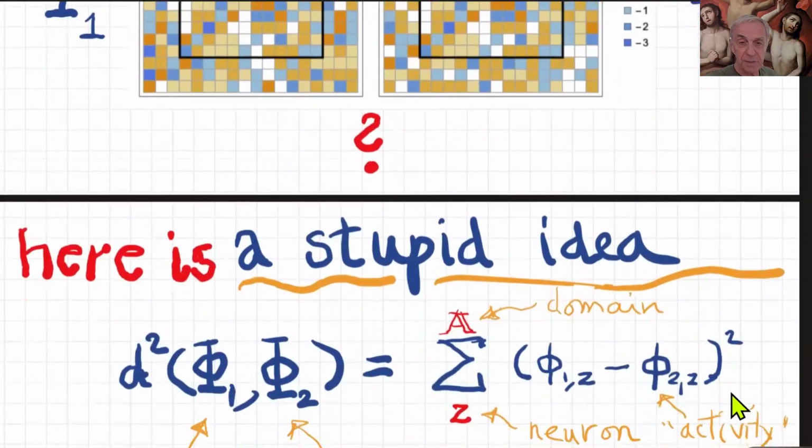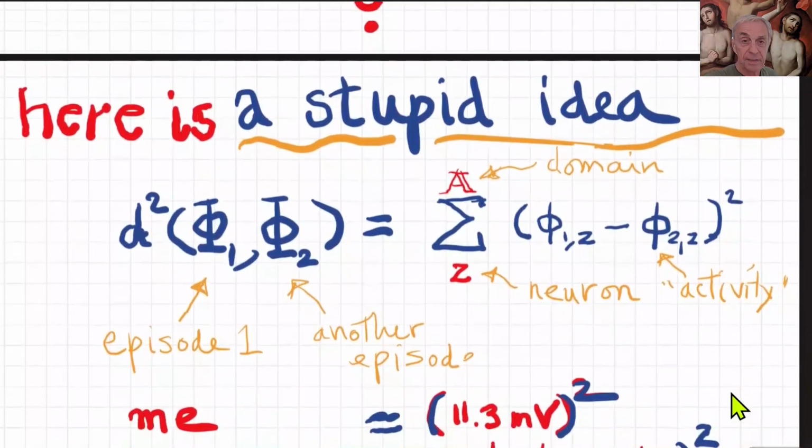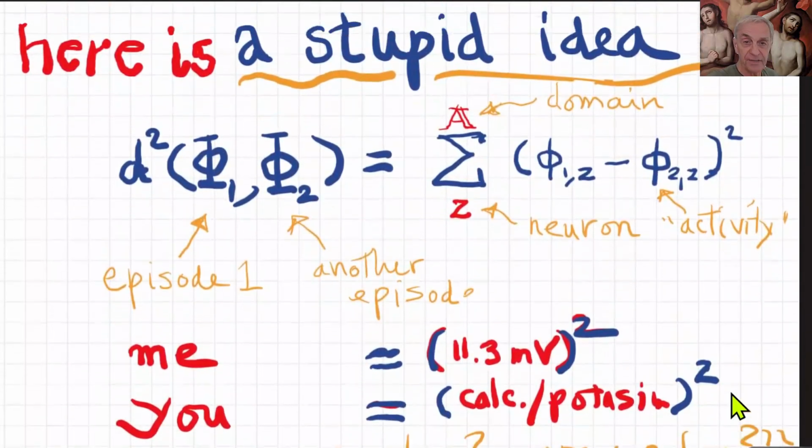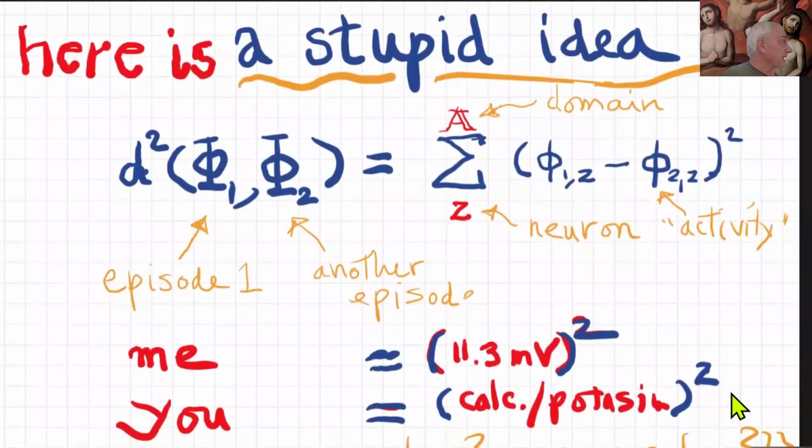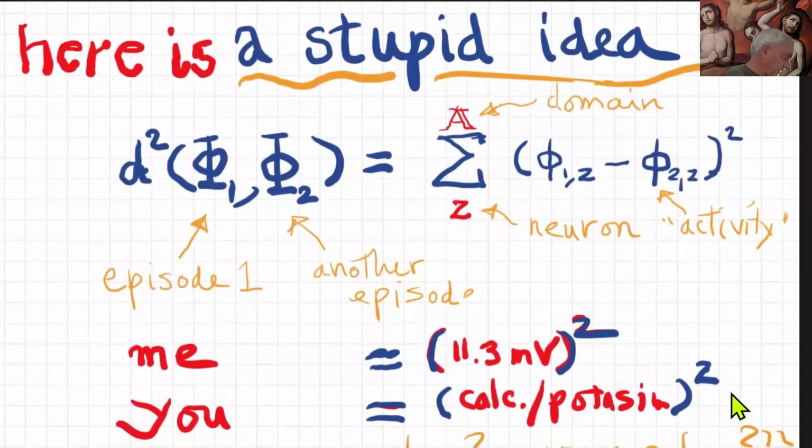So here is a stupid idea that we all do, that has no justification whatsoever. I have this network, I record the activity on every node. They're labeled by the letter z, from 1 to many. Then you come with your activity on the same network. It's the same mouse brain, but at a different instant in time.